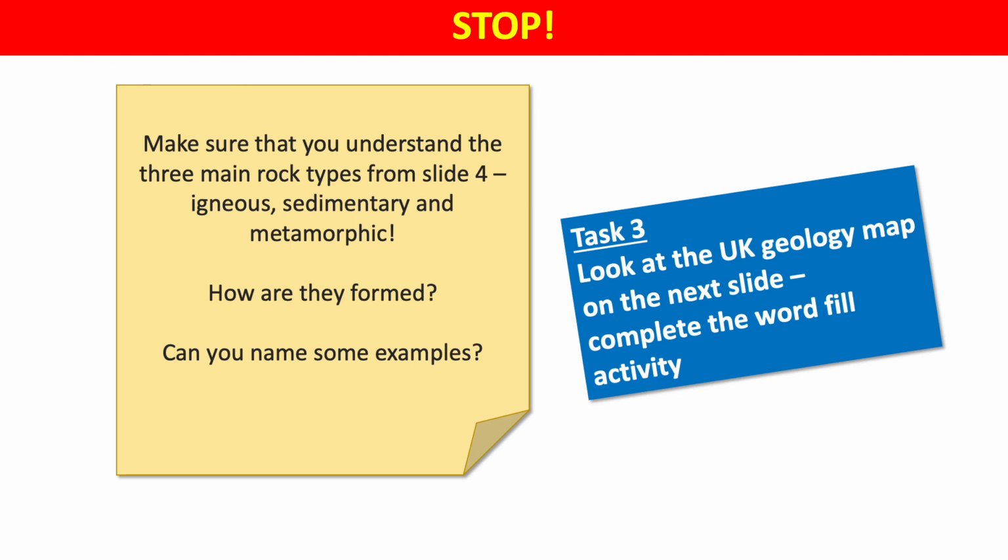So a reminder, you are to look at igneous, sedimentary and metamorphic rock, just to make sure you understand what they are, how they're formed, and just to know a couple of examples as well, because you're going to complete a very short word fill on the next slide based on that. So if you're not sure, do not fret. Go back to slide 4 and make sure you're comfortable with that knowledge. Okay?